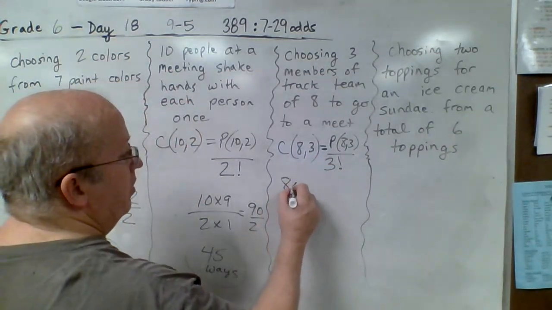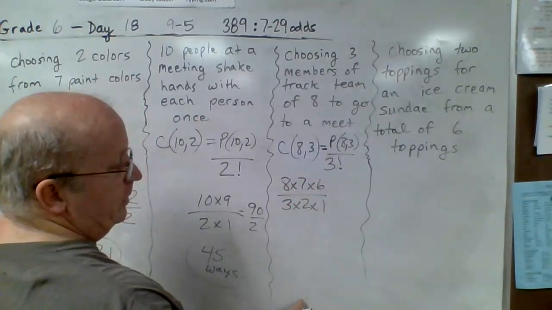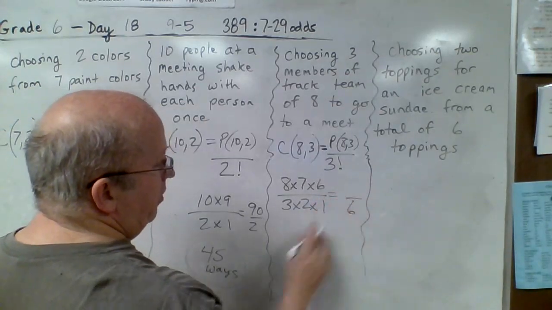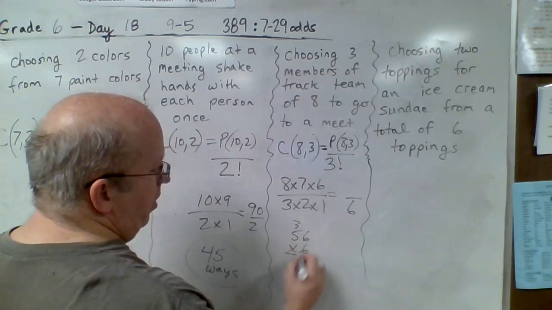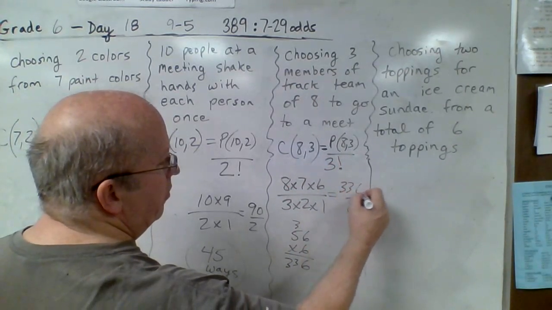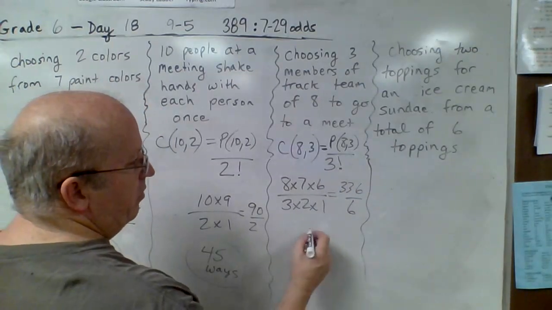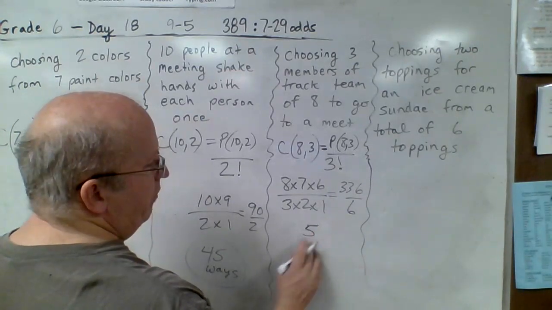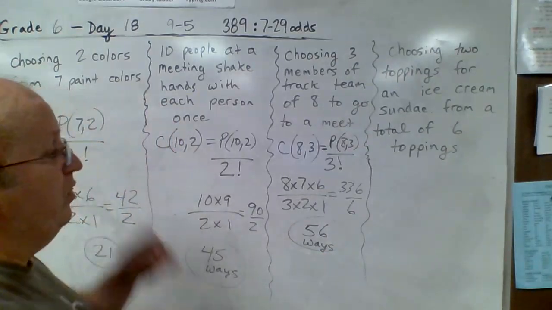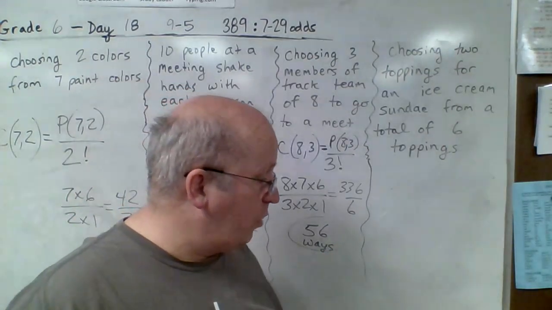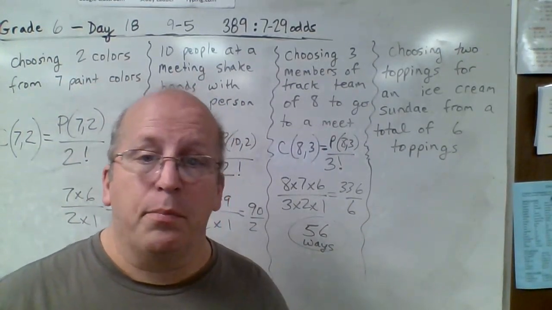So this would be 8 times 7 times 6 over 3 times 2 times 1. The bottom is 6. The top is 336. 336 divided by 6 is 56 ways. There's 56 ways you could choose 3 members of a track team with 8 members to go to this particular meet.